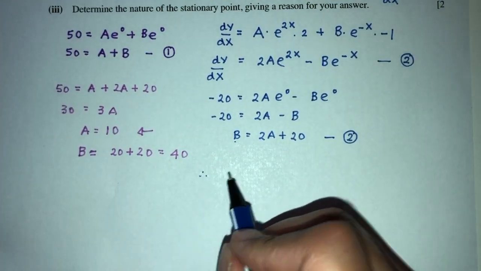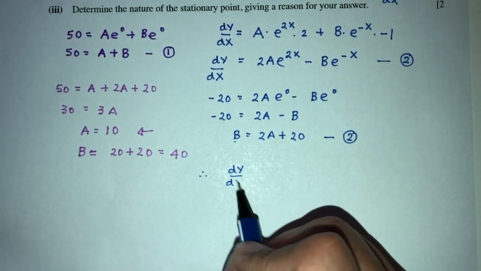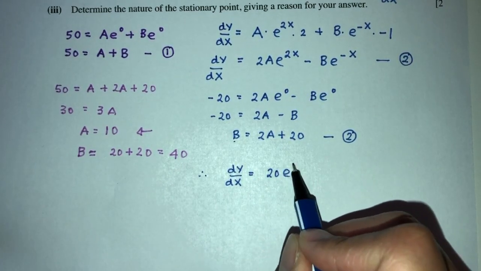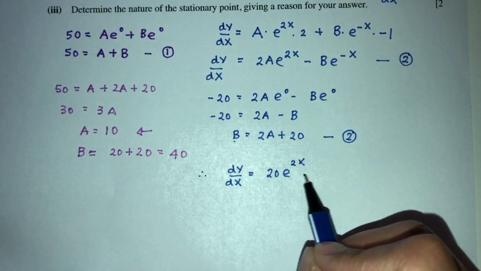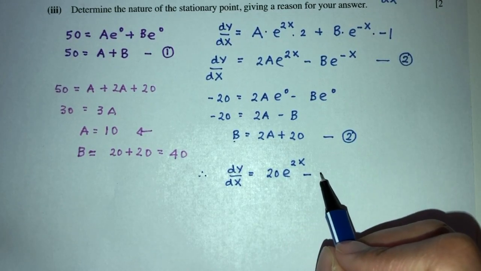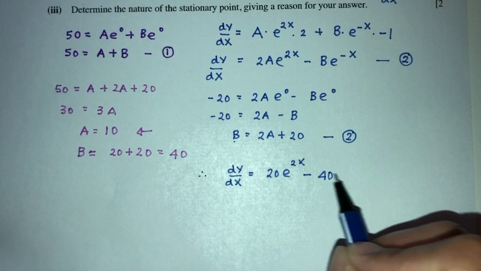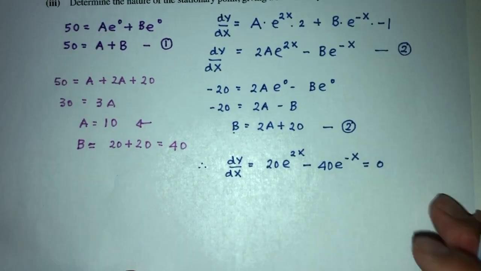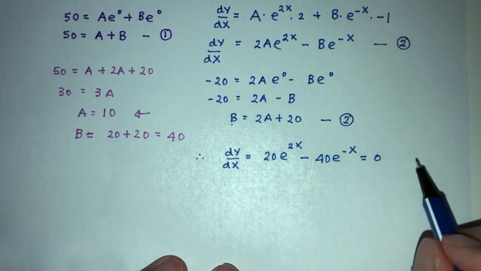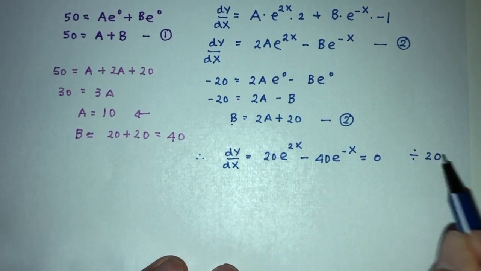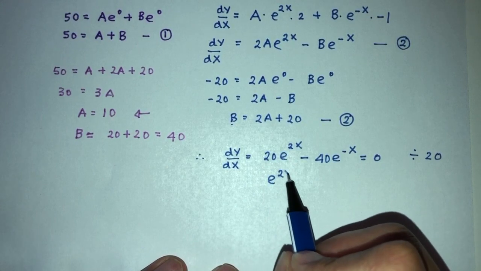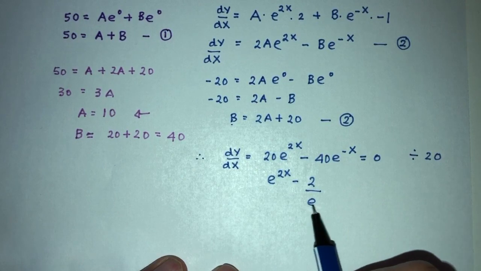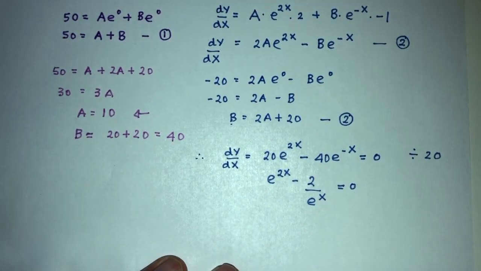So right now we know dy by dx is equal to 2 times a will be 20 exponential 2x minus b, which is 40, exponential minus x, is equal to 0. So let's try to simplify this. We can divide by 20 everywhere. You will have exponential 2x minus 2 times exponential minus x, equal to 0.